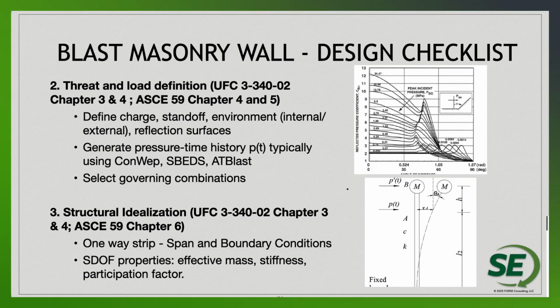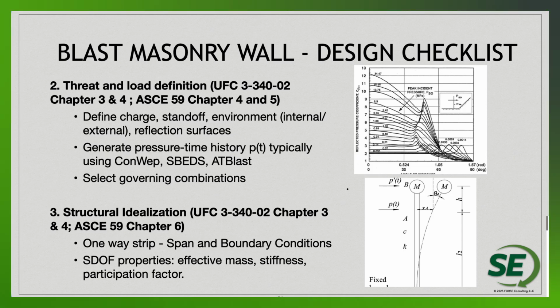Next is load definition. Define the explosive weight, standoff, and environment, internal or external, depending on where that's located. Generate PT pressure time histories using ConWep or SBEDS. As I mentioned before, these tools are really specialized, and this type of curves are usually provided by the owner.